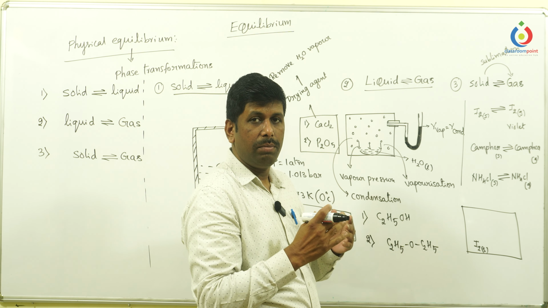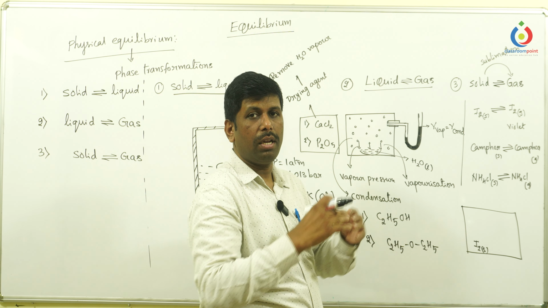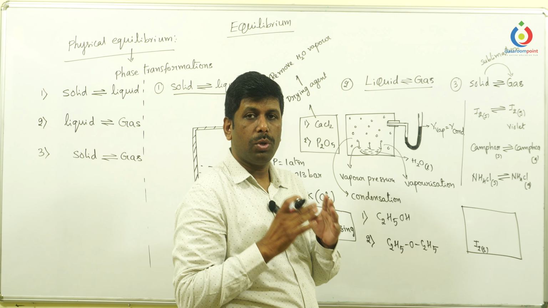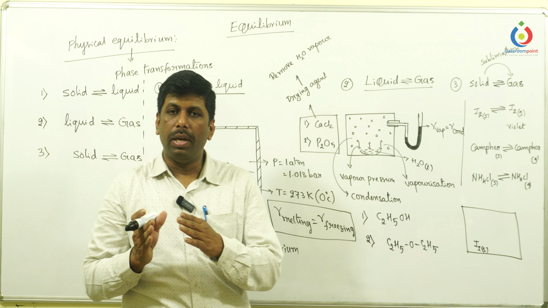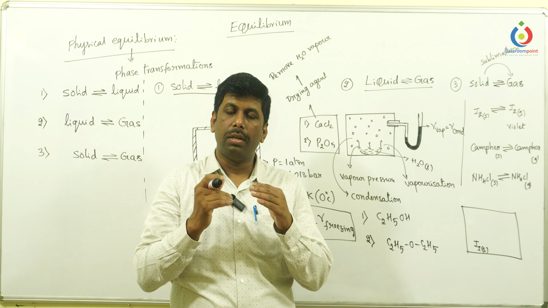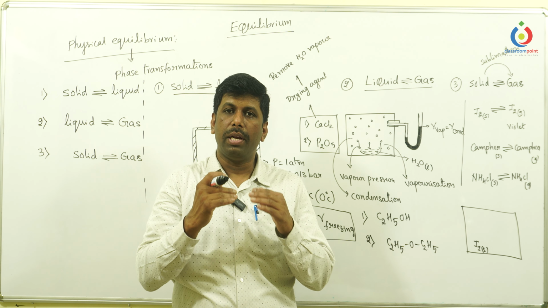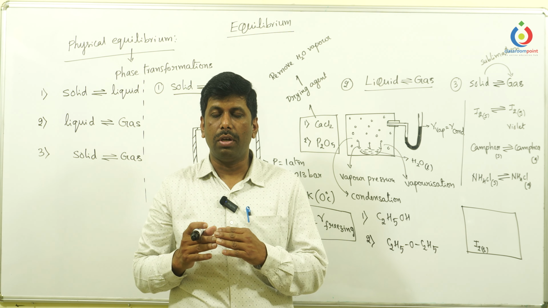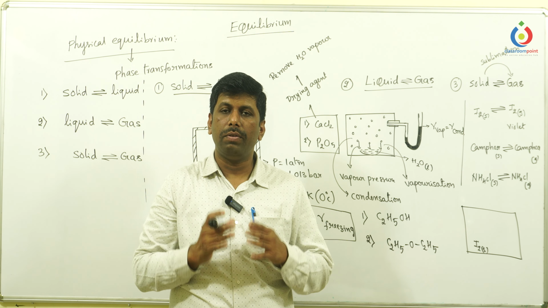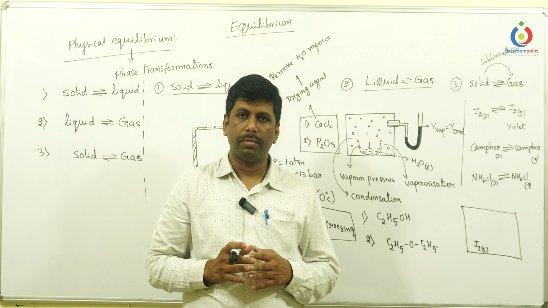But after a certain time there shall be no change in the color of the iodine vapors, so we can understand that at that stage the conversion of iodine from the solid state into vapor becomes equal to the conversion of iodine gas molecules into the solid state. That means both achieved the equilibrium process.